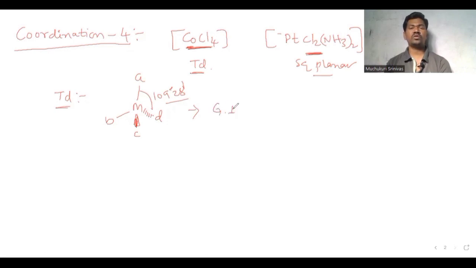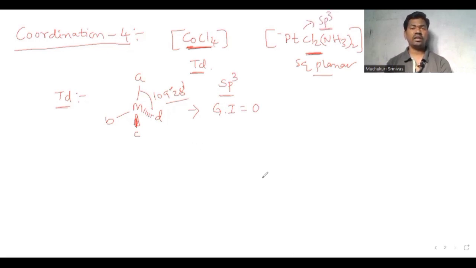Geometrical isomerism is not possible for tetrahedral complexes. Understand, students? Generally, in this type of compounds, hybridization will be sp3.